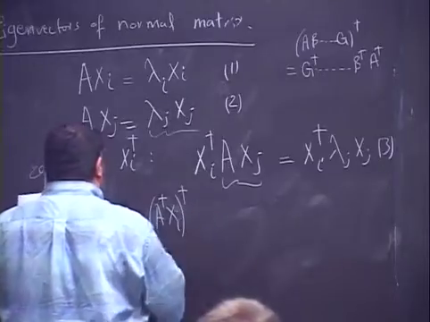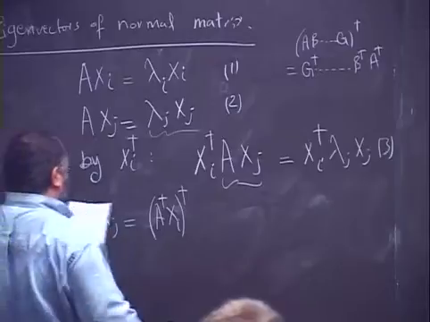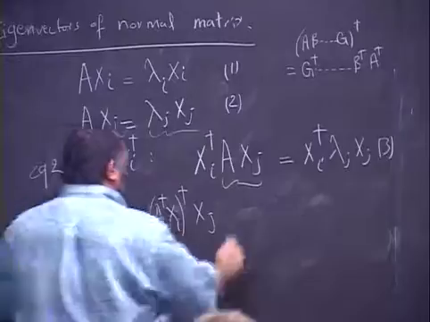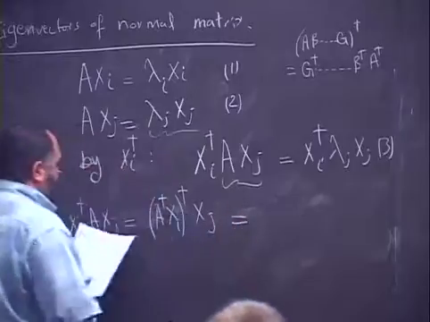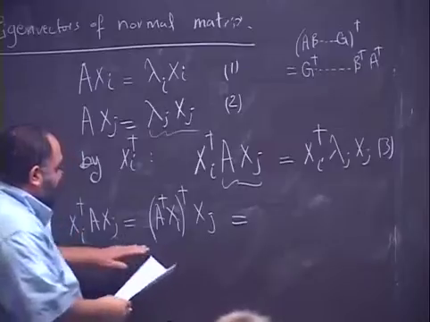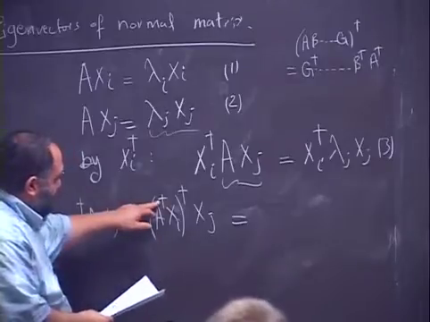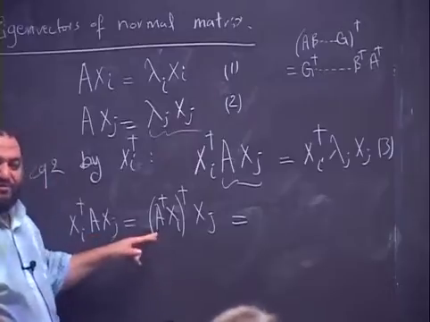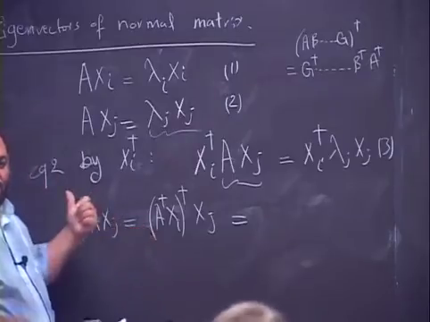So this is Xi, and this is Xj. Now, if we have A dagger Xi, we just stated five minutes ago the theorem.